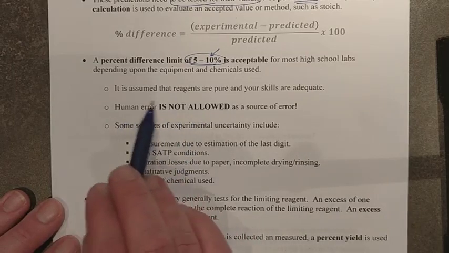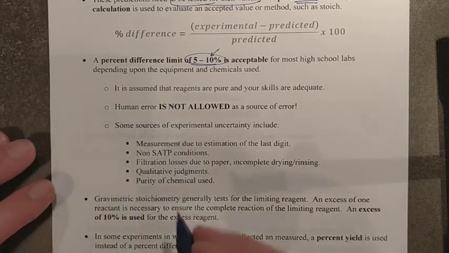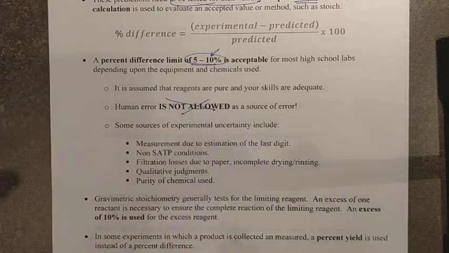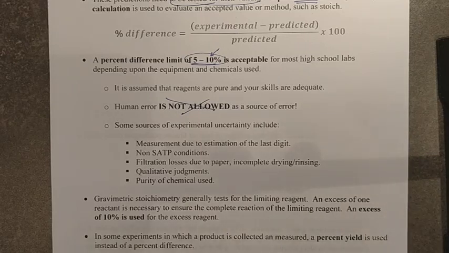So, in other words, human or experimenter error is not allowed as a source of error. If you put this down and tell me that it was how you performed the experiment, not something specific, or just, hey, human error, then that's a major loss on your future labs as we go forward. That'll be a major penalty and you will lose major marks.